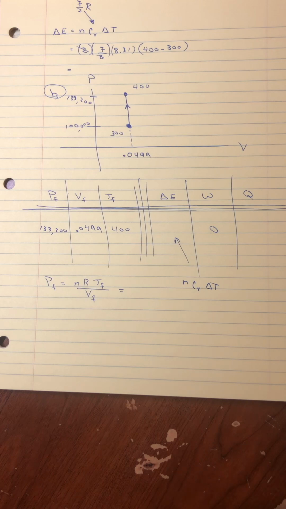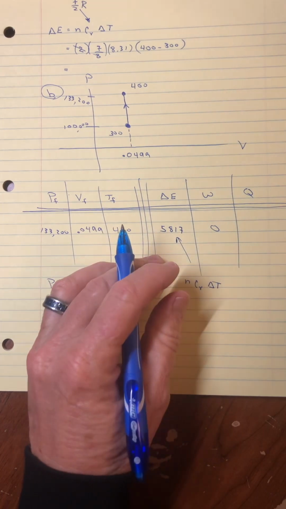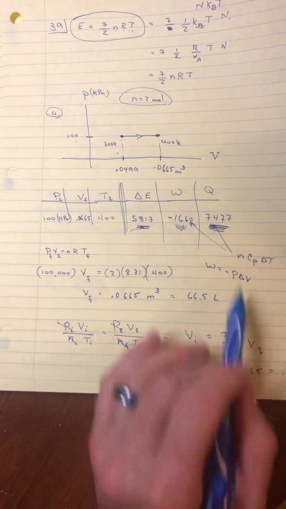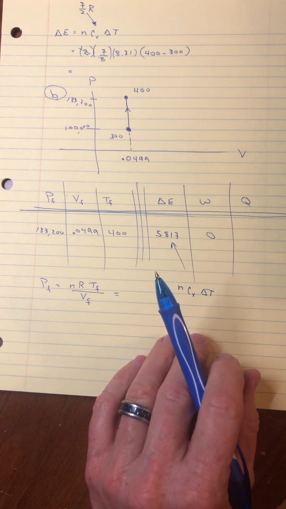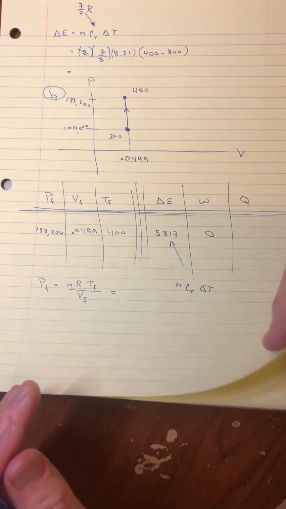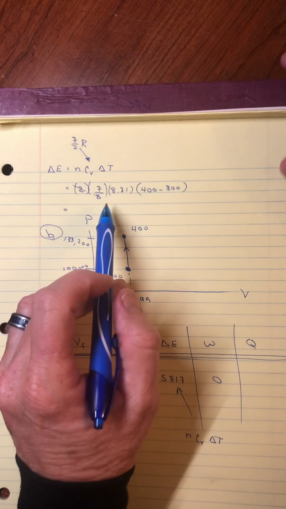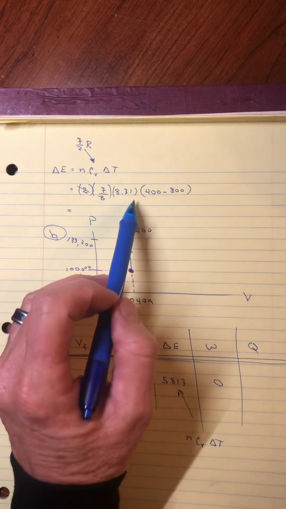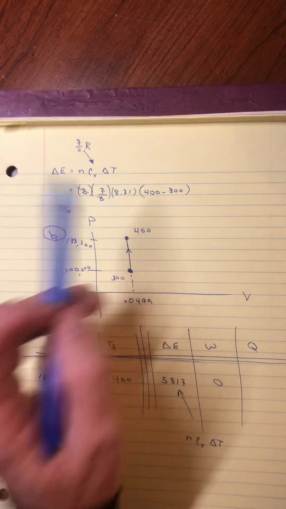In fact, I'm going to go one better. I'm not even going to bother to get out my calculator, because isn't that what I did in A when I was calculating? Oh, was it up here that I did it? Yeah, up here. And so when I did that up here, even though it's at constant pressure, it was still going from 400 to 300.